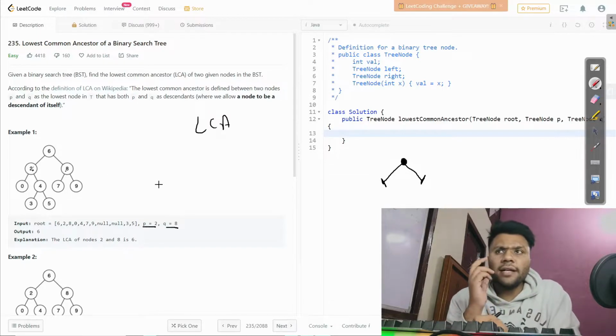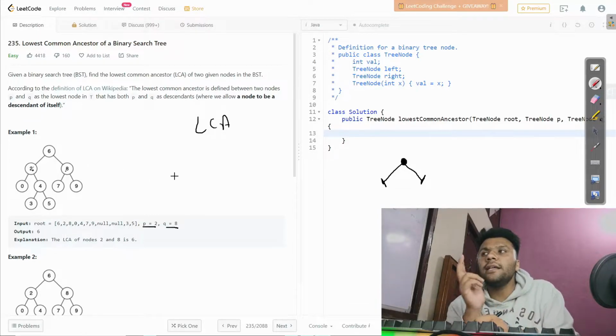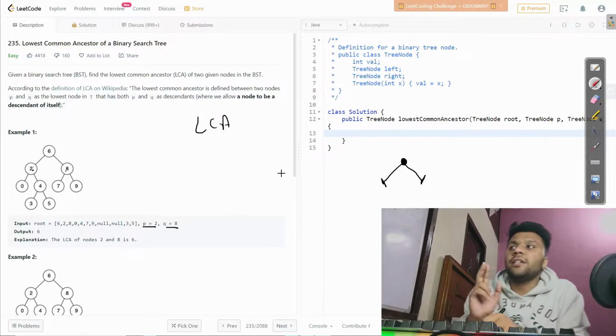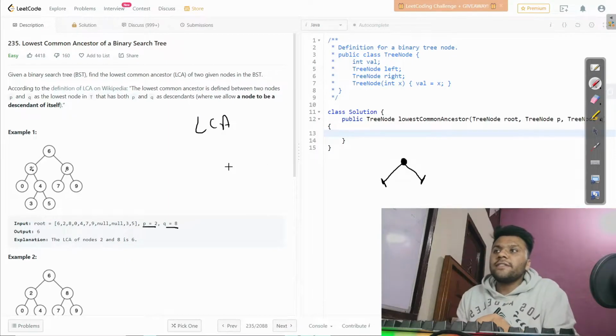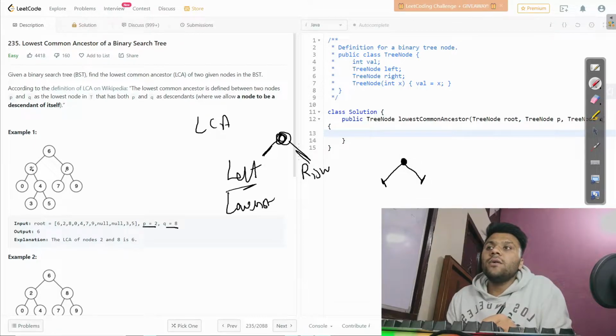Now you will ask, how are we going to build the logic for this problem? To build the logic, I hope you know this condition: in a binary search tree, the left side has lower values than the root, and the right side always has greater values than the root.